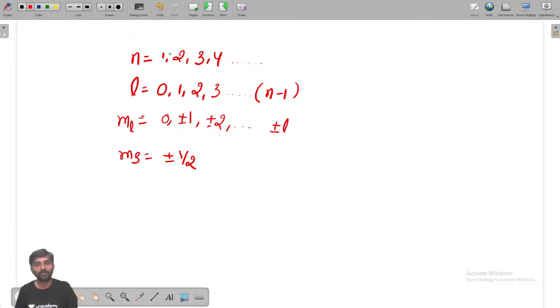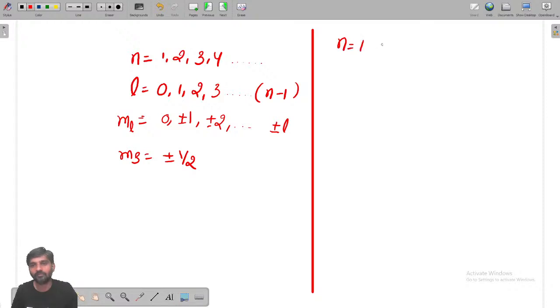Okay. Now, as I told you, for n is equal to 1, we say it is K. For n is equal to 2, we say L. For n is equal to 3, M, and so on. So for n is equal to 1, what is the value of l? l is going to be 0 only.